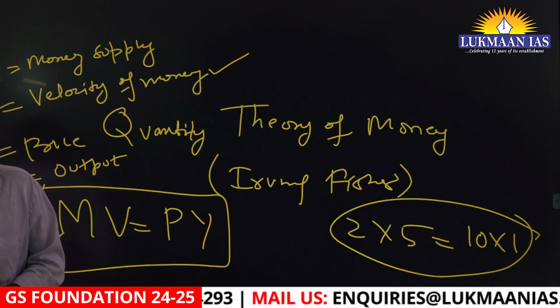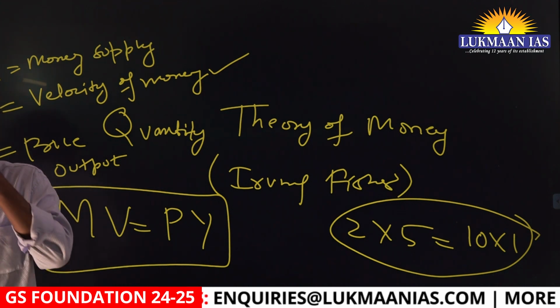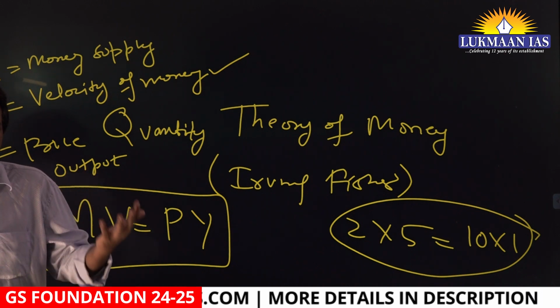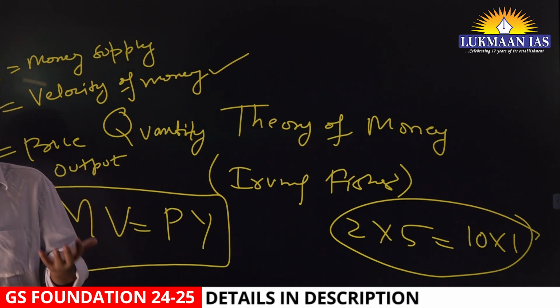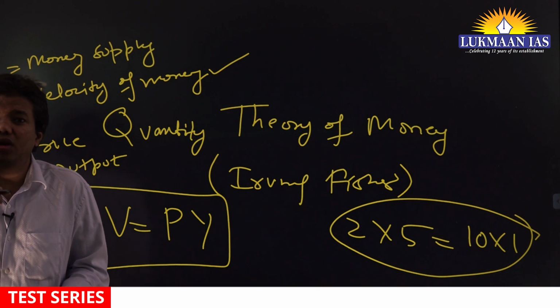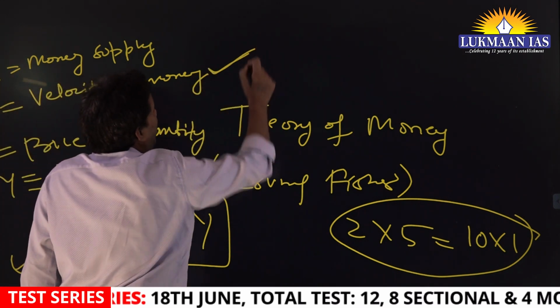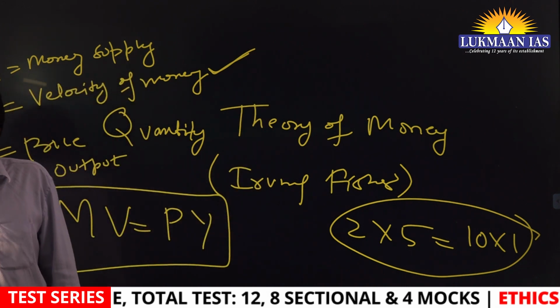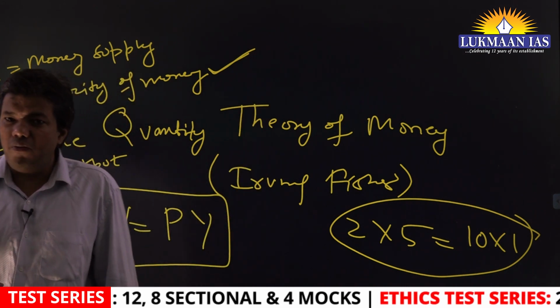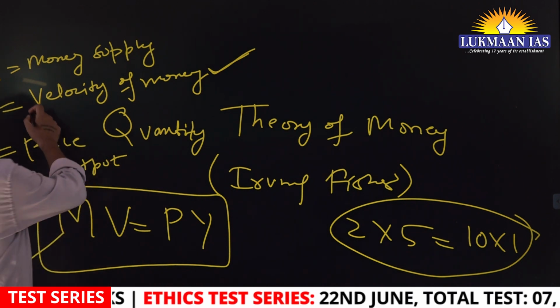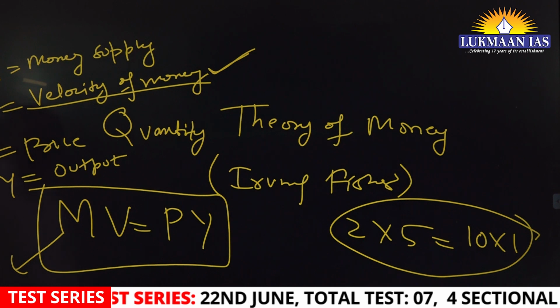I cannot even recall the question exactly, but it was how money is created in the economy. So one of the options was through banking habits. Your velocity of money in an economy will be decided by the banking habits. If people are doing lots of transactions, that will increase the velocity of money, right?